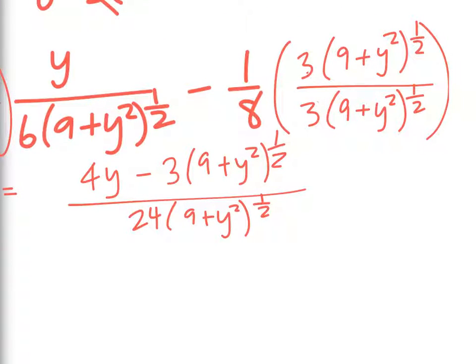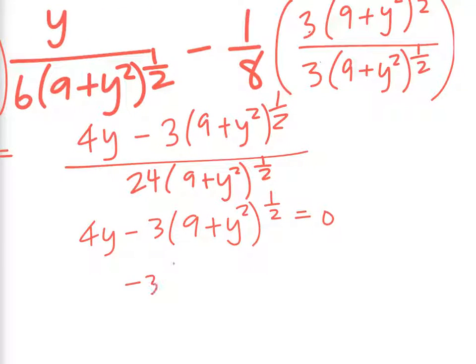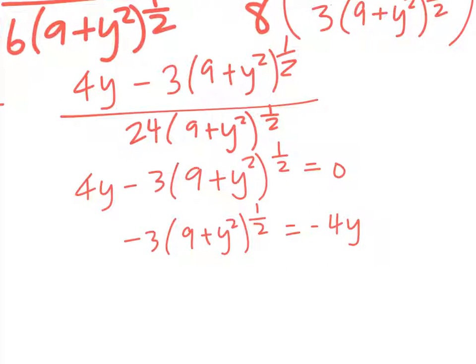All right, making the numerator equal to 0, 4y minus 3 times 9 plus y squared to the 1/2 is equal to 0. So move 4y to the other side: negative 3 times 9 plus y squared to the 1/2 is equal to minus 4y. Square both sides. 9 times 9 plus y squared is equal to 16y squared.